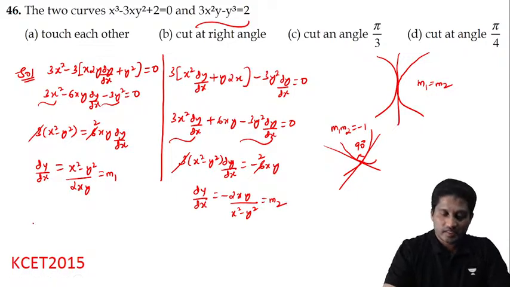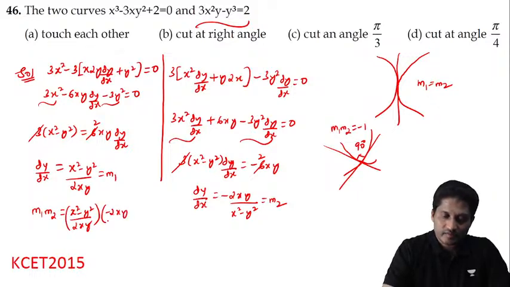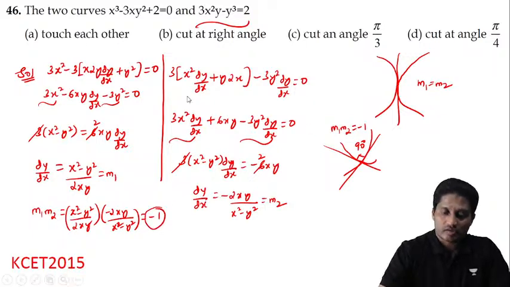Now obviously m1 into m2, if I multiply, m1 is minus 1 into m2, which will be (x square minus y square) by 2xy. So m1 m2 will be equal to minus 2xy divided by x square minus y square, times (x square minus y square) by 2xy, which is equal to minus 1. The two curves are at right angles. m1 m2 is equal to minus 1 means they cut at right angles.